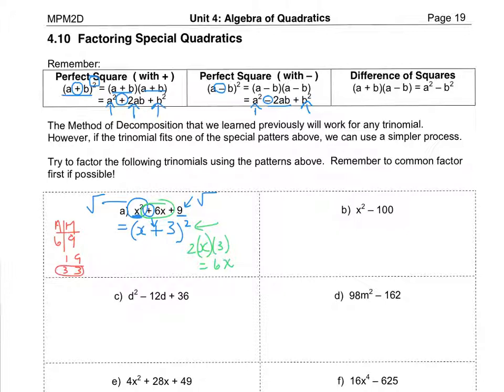So you could do decomposition, but because this is a simple trinomial with a 1 in front of the x squared, it also tells me that when I get these two numbers, I would have an x at the beginnings of my brackets to get the x squared, and then a plus 3 and a plus 3. Which is really x plus 3, all to the exponent of 2. So lots of shortcuts for that particular trinomial.